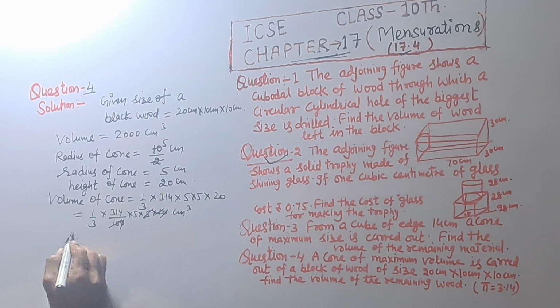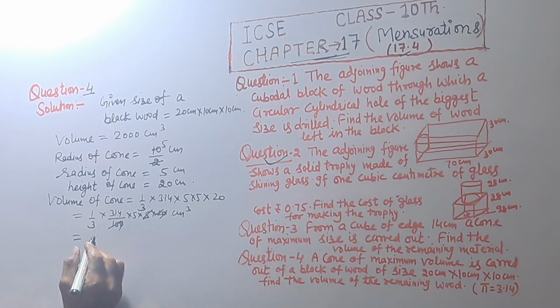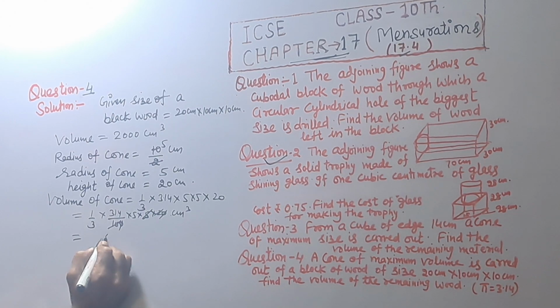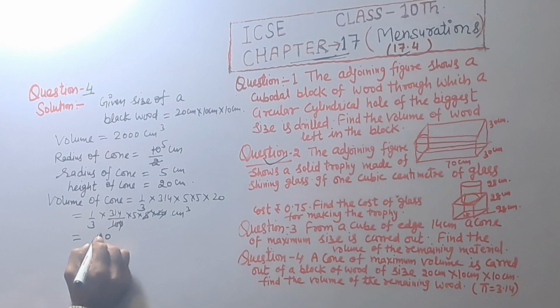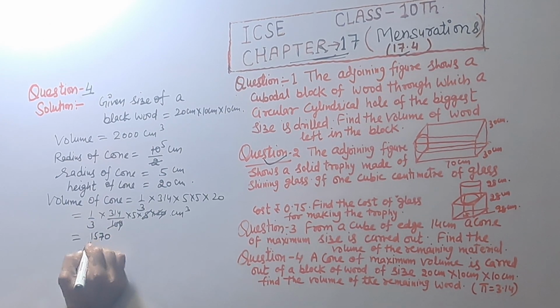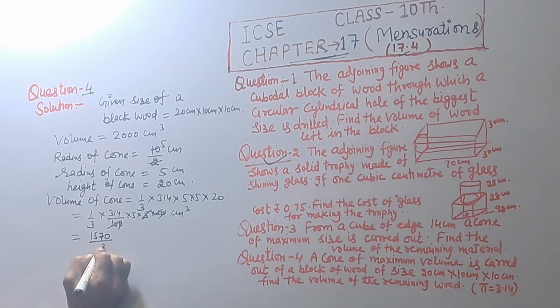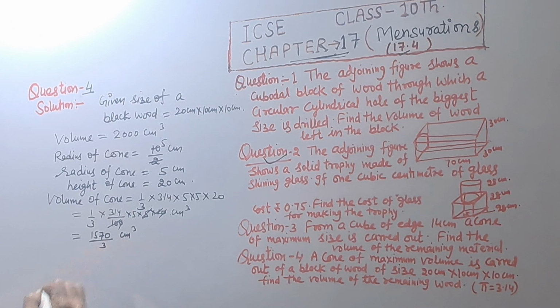Centimeter cube, that is 5 4s are 20 and 5 1s are 5 plus 2 is 7, 5 3s are 15, so 1570 divided by 3 centimeter cube.